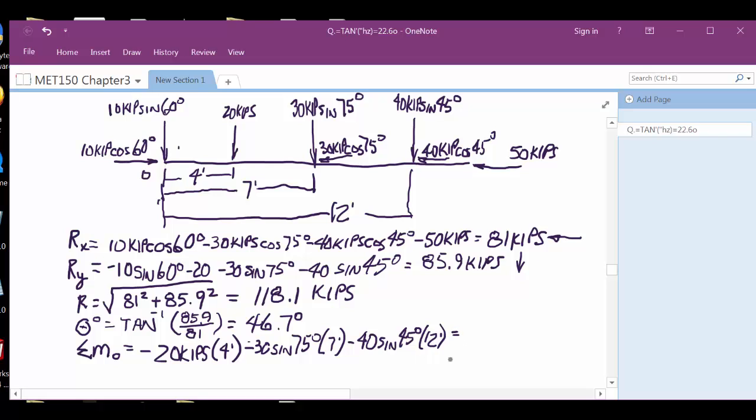Punch all of those in there, and you should get something like 622 kips feet. That's a negative answer. Right, and that comes out a negative value, which means that it's clockwise, right?